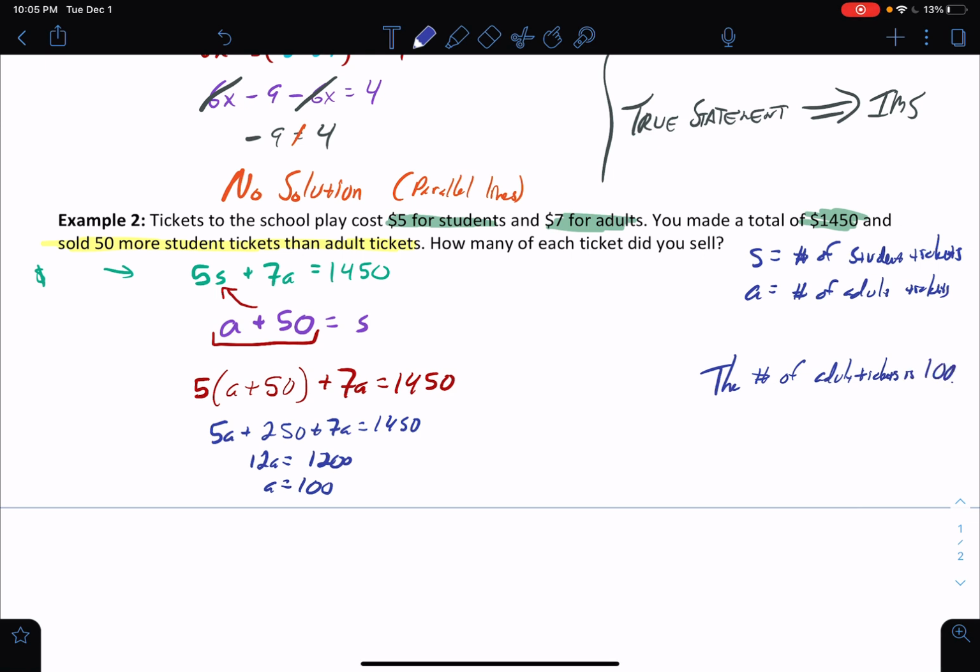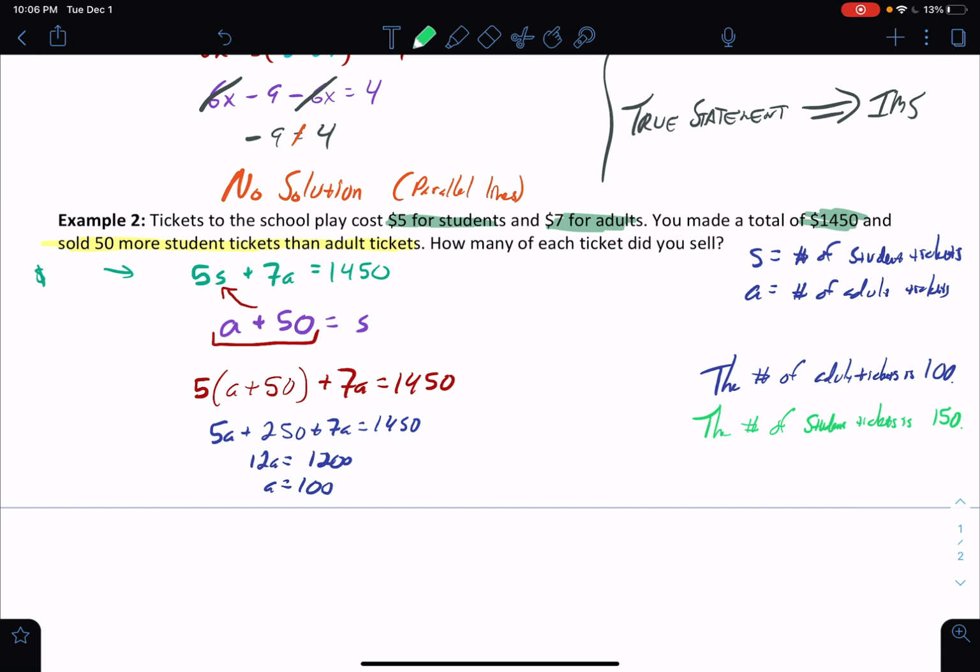All right, the number of student tickets, we just got to add 50 to that. So the number of adult tickets is 100. The number of student tickets is 50 more than that, which is 150.